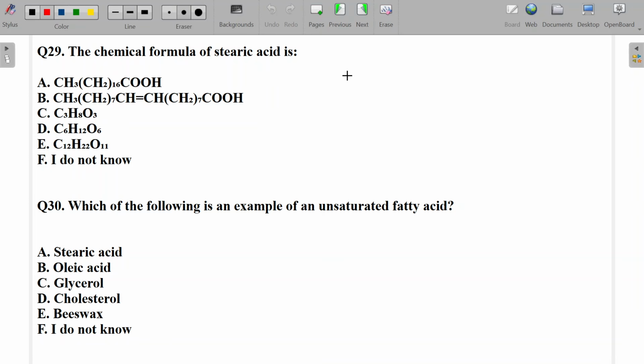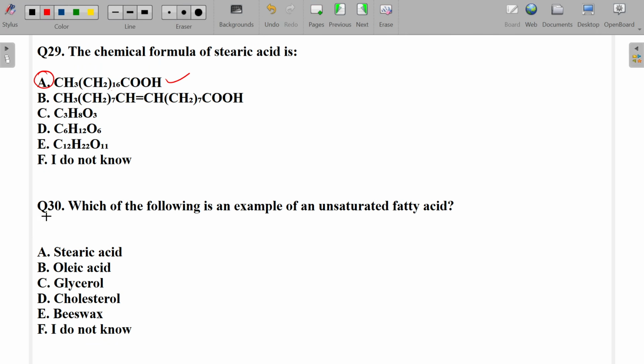We said that stearic acid has how many carbons? 18. So of these, which one has 18? A. Yes. It has 1 plus 16, which is 17, plus this one here, 18. I'm sure someone answered 16. You might take the 16 which is here, but no. That one is multiplying with this, but if you count all the carbon atoms here, that's when you get 18.